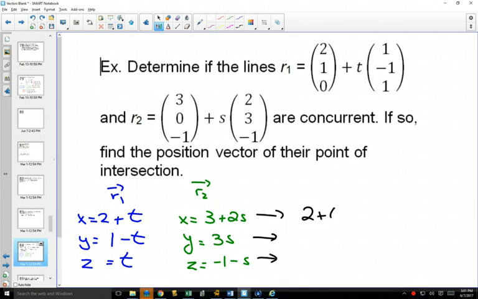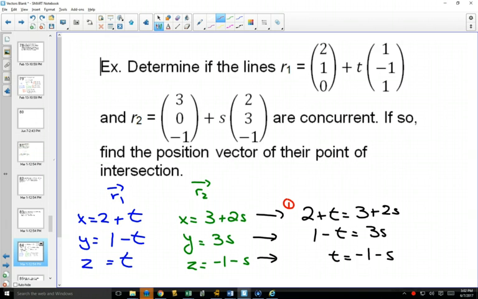We'll get 2 plus t equals 3 plus 2s. We'll get 1 minus t is equal to 3s. And we'll get t is equal to -1 minus s.